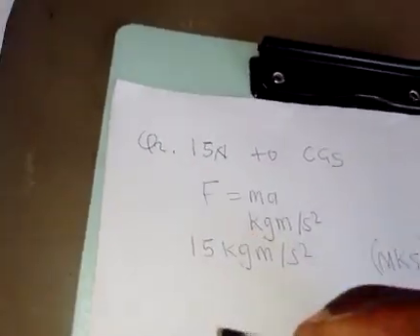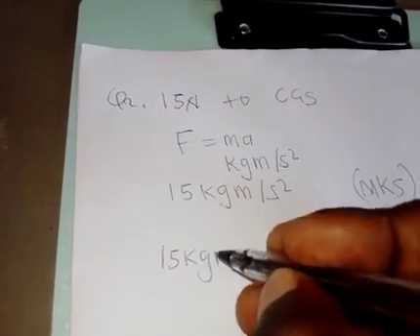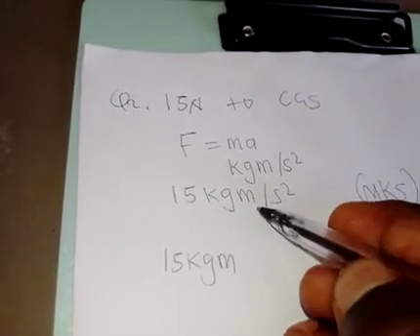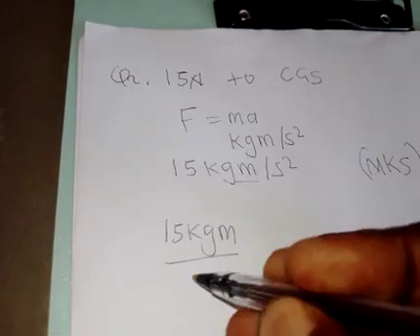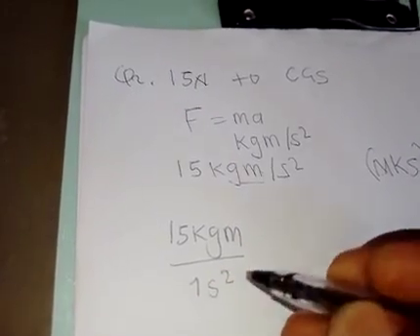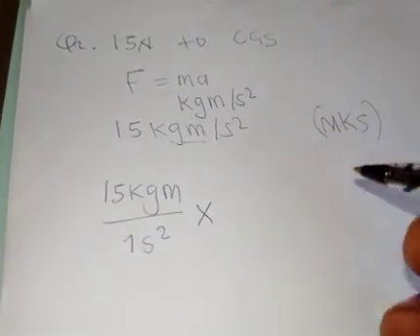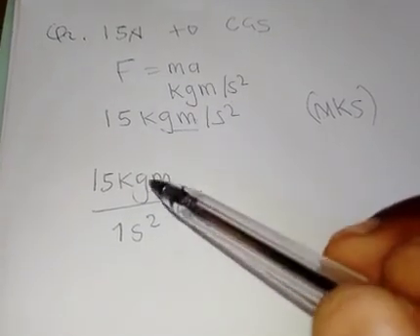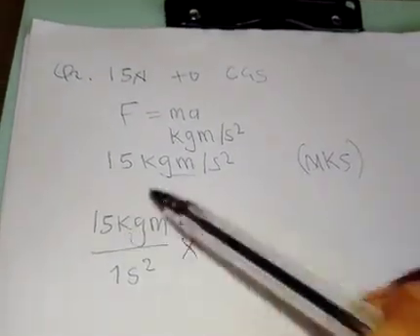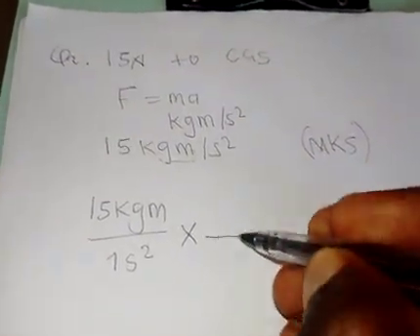So I can write this as 15 kg meters over 1 second squared. We use the chain link conversion. Multiply by, so let's start with kg, which will be converted to grams.